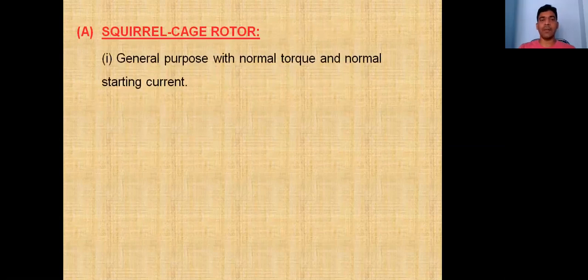Squirrel cage motor: general purpose with normal torque and normal starting current.